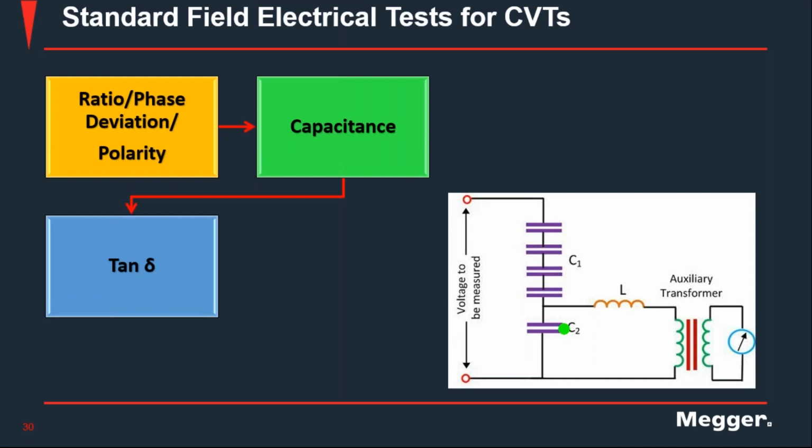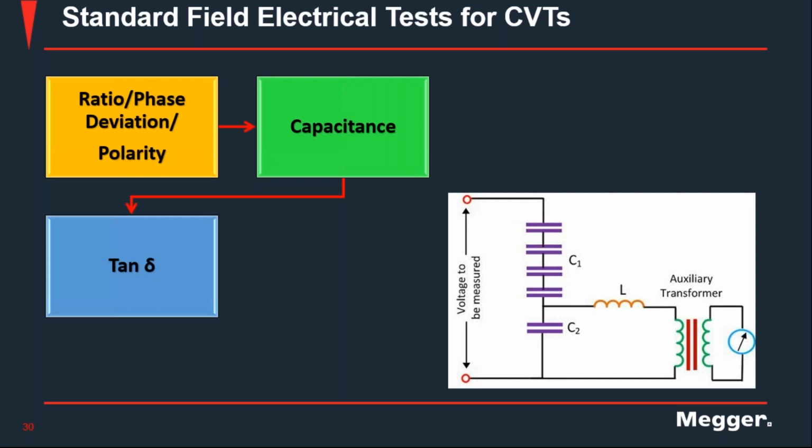There's a combination of grounding switches here, and you need to understand the constructive part of the instrument transformer to be able to operate those switches properly and test each individual capacitor or each side accurately.